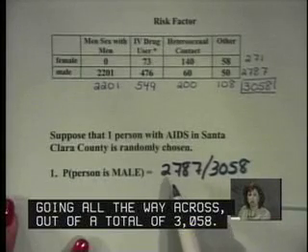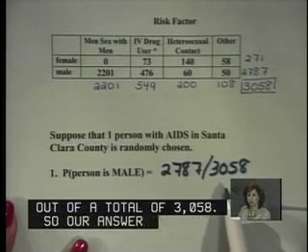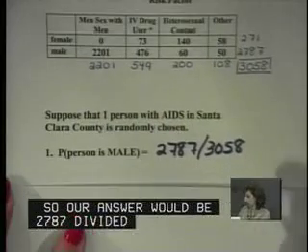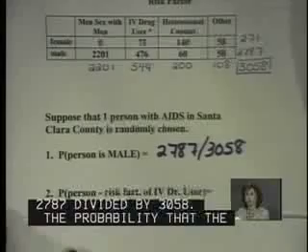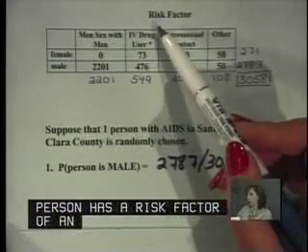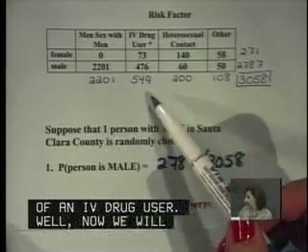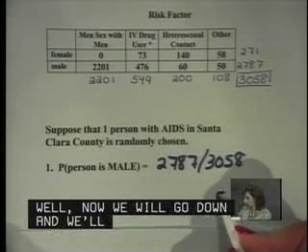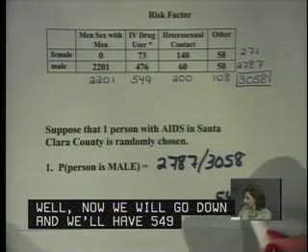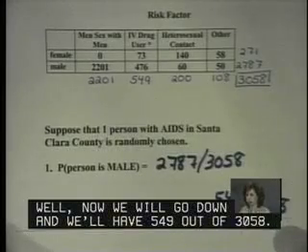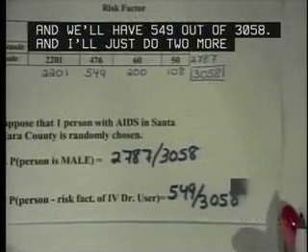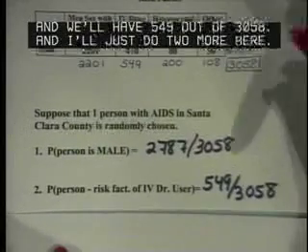So our answer would be 2,787 divided by 3,058. The probability that the person has a risk factor of IV drug user? Now we'll go down, and we have 549 out of 3,058. I'll just do two more here.